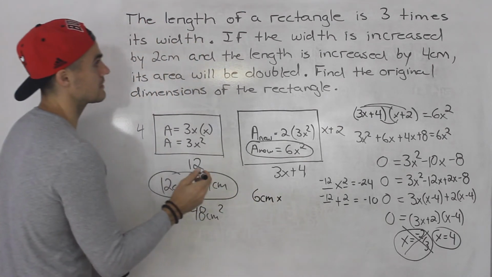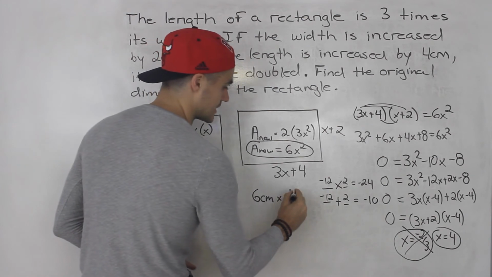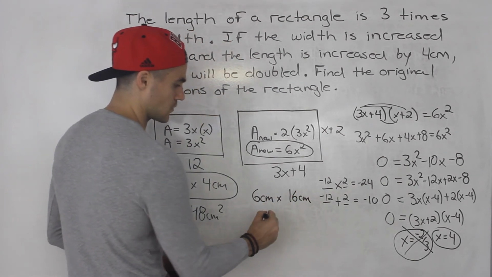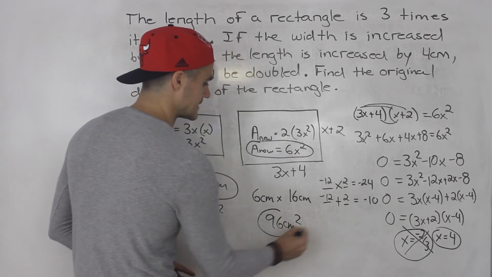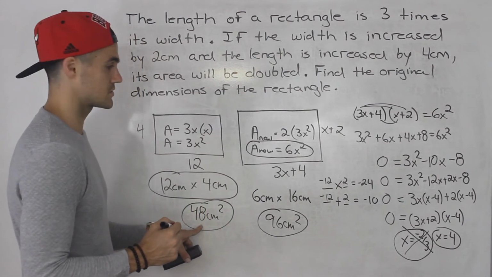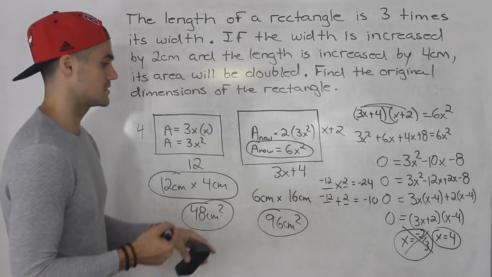And the length is increased by 4, so instead of 12, we're going to have 16. And 6 by 16 gives us 96 centimeters squared. And notice that 96 centimeters squared is double 48 centimeters squared, right? Which is what happened. The area is doubled.